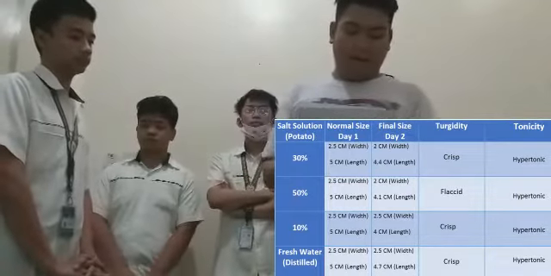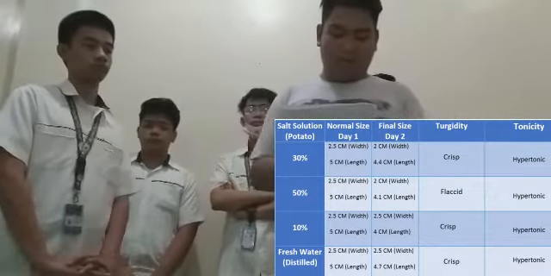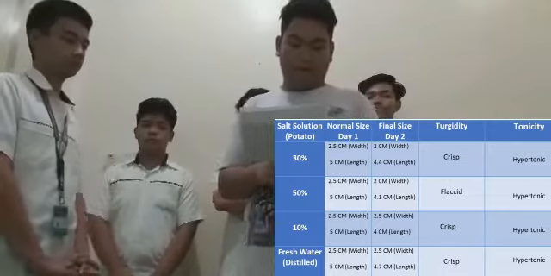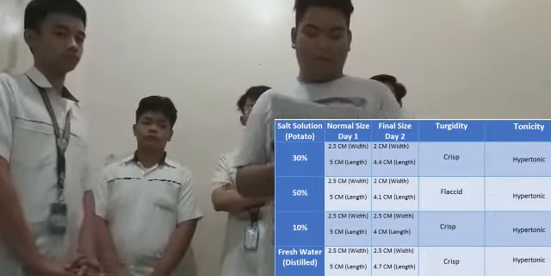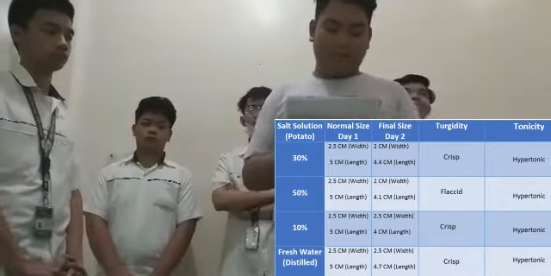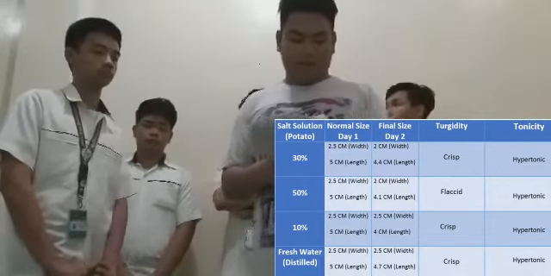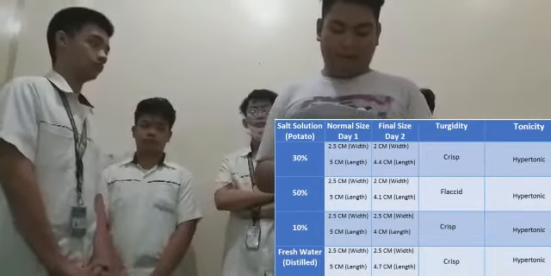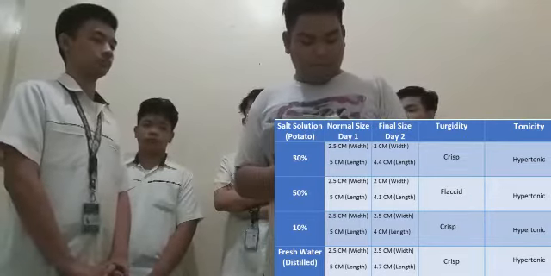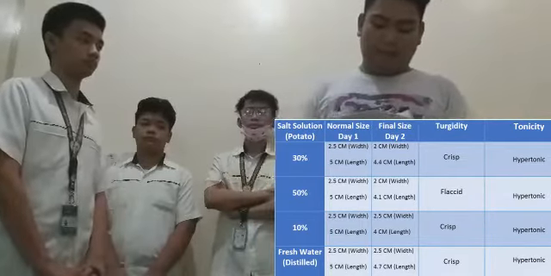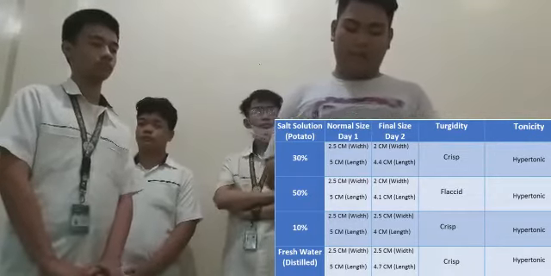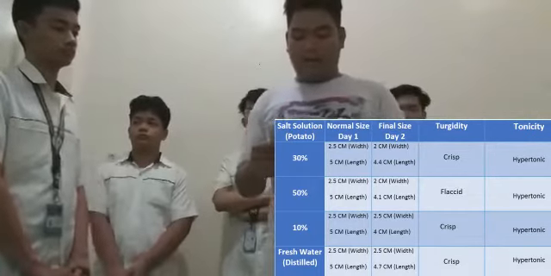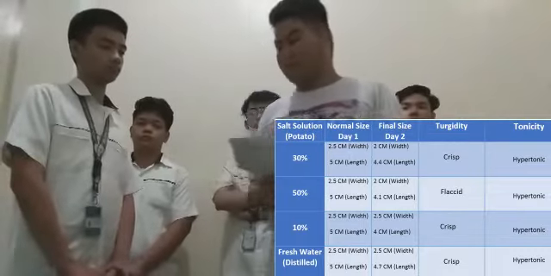The final day 2 measurement is 4.4 centimeters in length and 2 centimeters in width. The change in length is 0.6 centimeters. The turgidity is crisp and the tonicity is hypertonic.